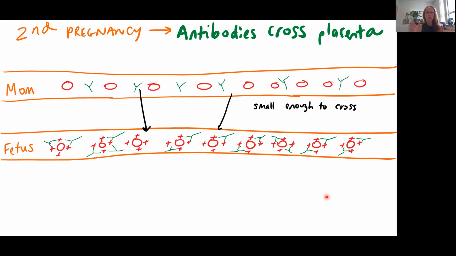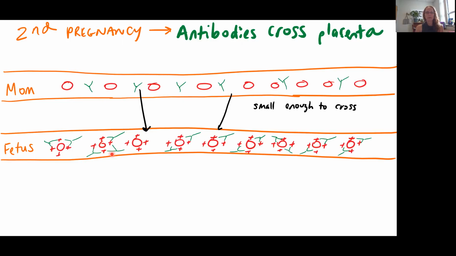Now, this is good when we're talking about other antibodies because it is giving some immunity to that fetus so that when it is born, it's already having some protection from things that it'll be exposed to. But in this case, it's really bad because these antibodies are going to target the fetal red blood cells that are Rh positive.